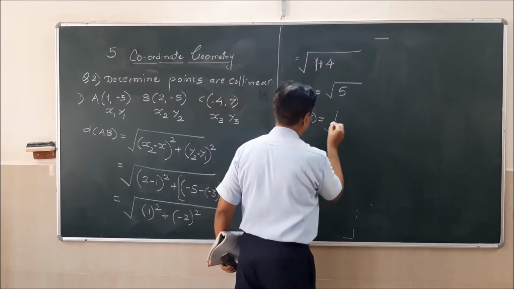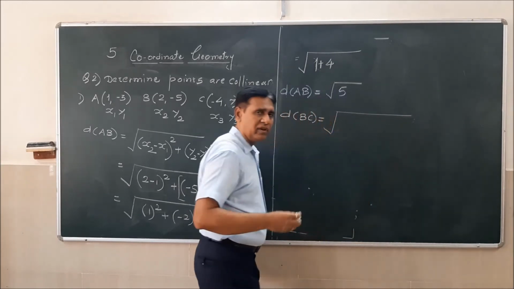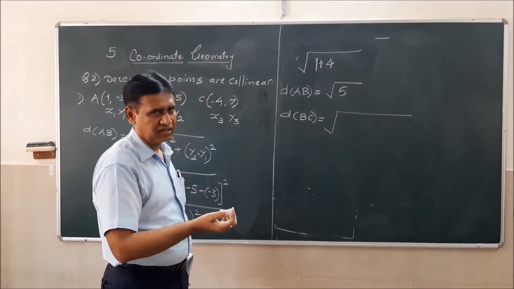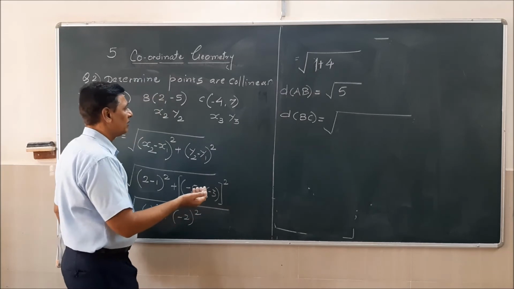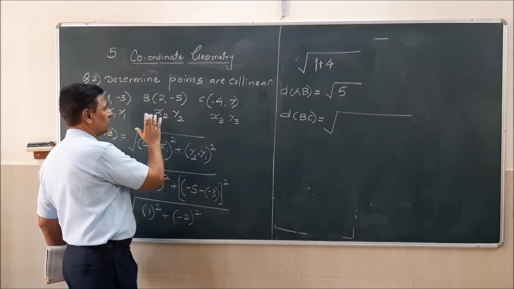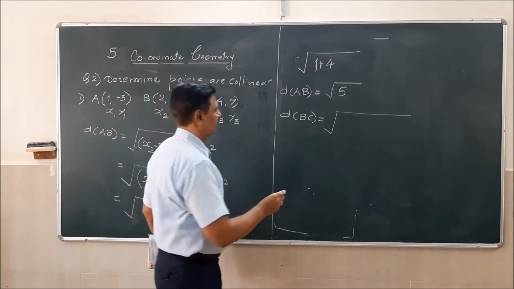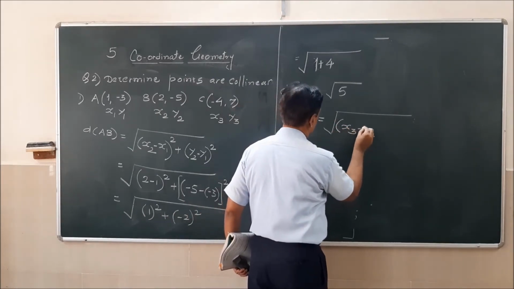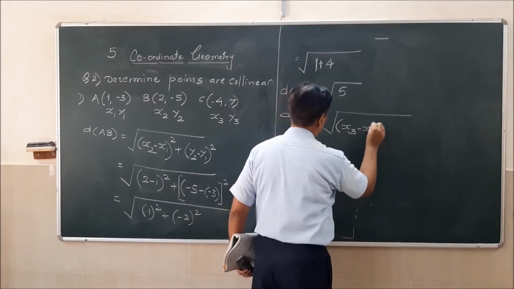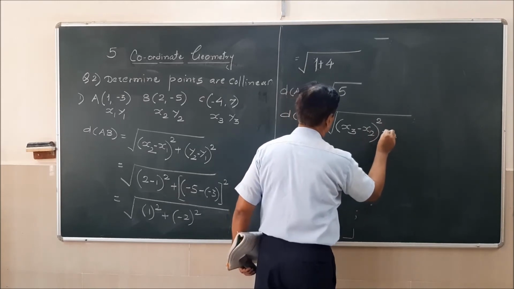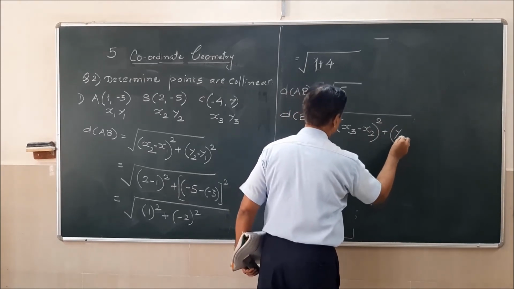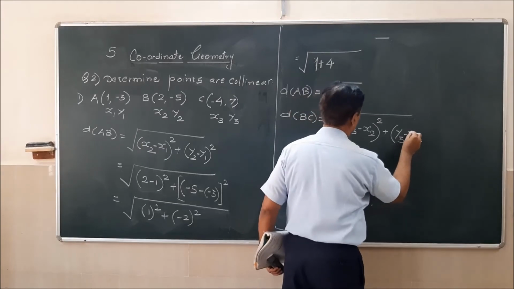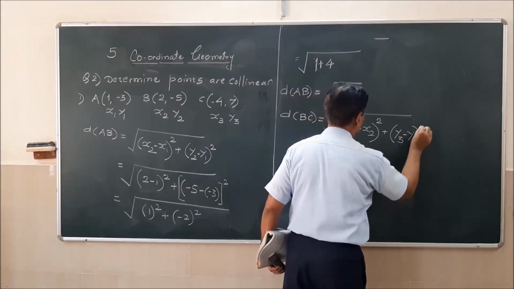now please see here, students, our formula will change a little bit. So this time I write x3 minus x2, the whole square, plus y3 minus y2, the whole square.